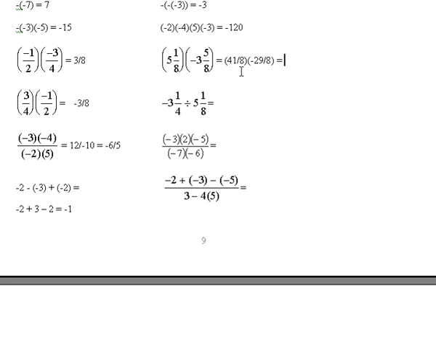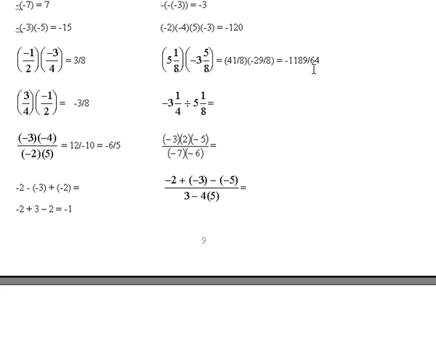I don't see that anything reduces, so on the top, I'm definitely going to end up with a negative, and whatever 41 times 29 is going to be the numerator. On the bottom, I just have 8 times 8, which is 64. So on the bottom, I have a 64 in the denominator, and on the top, that's a pretty messy numerator. 41 times 29 is 1189, so that's a really messy problem.